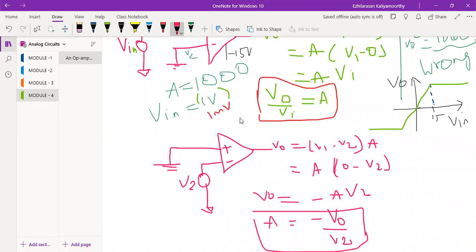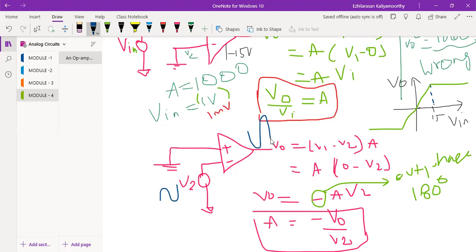The minus indicates the output is out of phase by 180 degrees. If I give a small input like this, the output will be like this, out of phase.